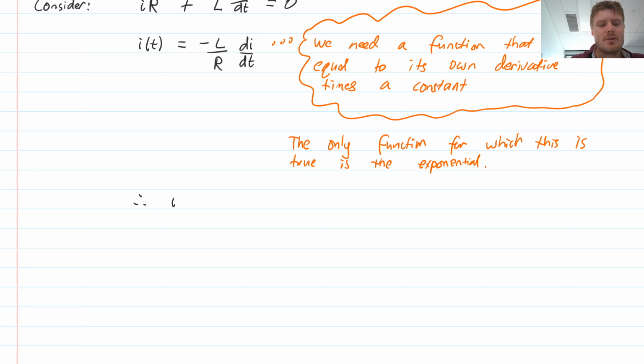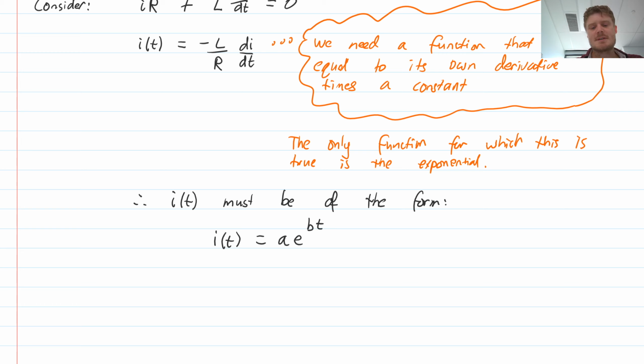Therefore, I of t must be of the form I of t equals some constant, let's call it a, times an exponential of some other constant, let's call it b, times t. It's the only way for this equation to be satisfied.